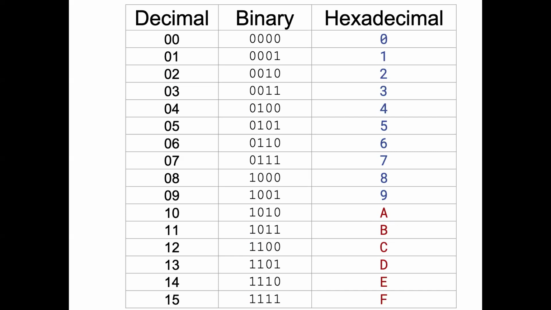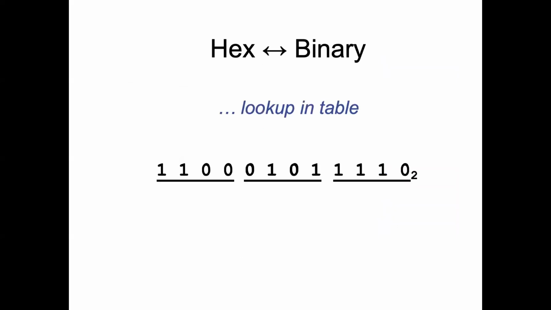As long as you remember this table, converting from binary to hexadecimal is going to be really easy. And it's the same thing we did in the C and software tools class. If I had a big binary number like this, I could take it 4 bits at a time. Here it's easy because it's 12 bits, a multiple of 4.